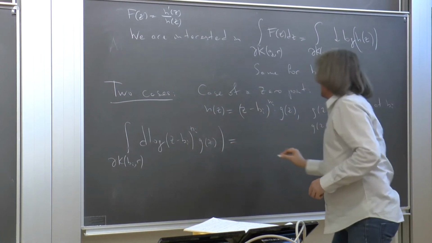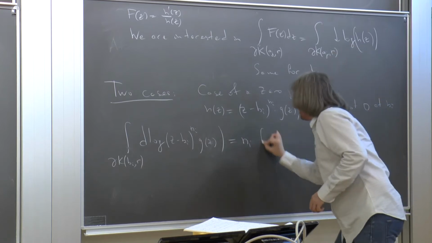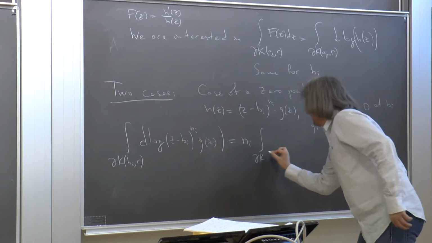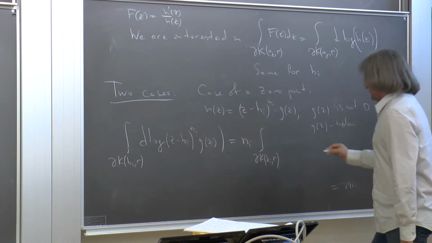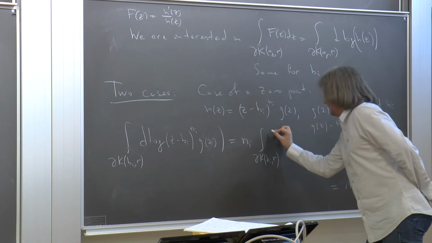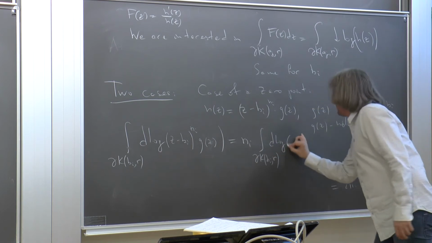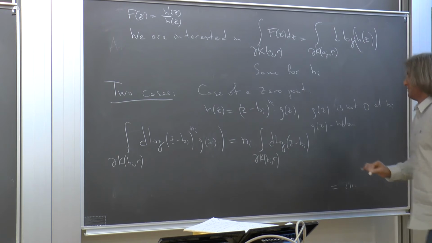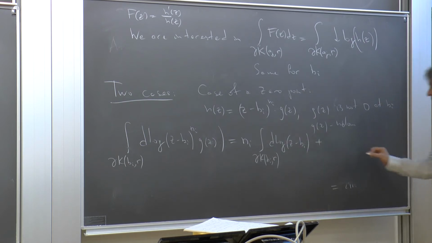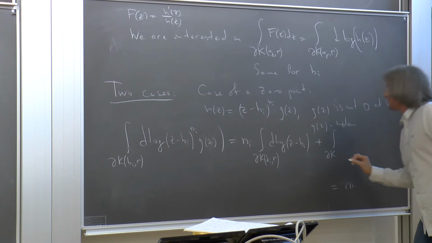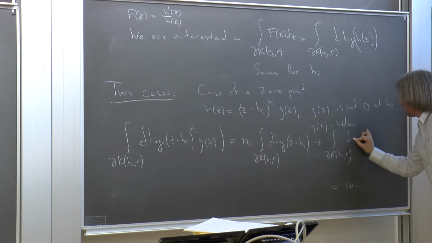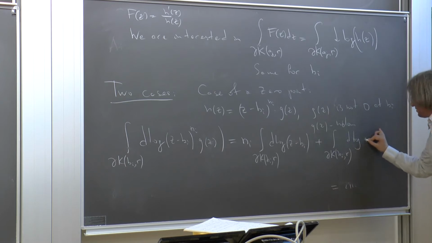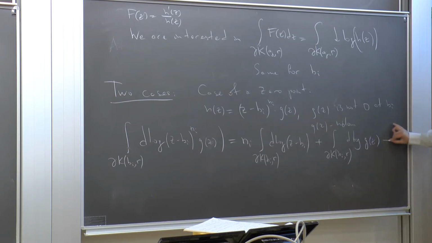So this is n_i times the integral over the circle around b_i of d log of (z minus b_i), plus the integral over the same circle of d log g of z.